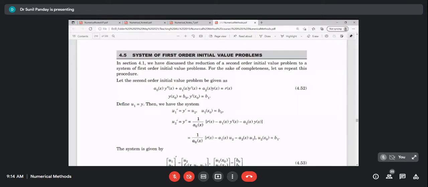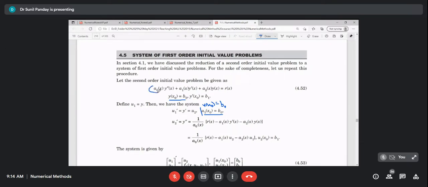So the first equation is u1 dash equals u2, with initial condition u1 of x naught equals b naught, as given here, y of x naught equals b naught and y equals u1. Then we have u2 dash equals y double dash.